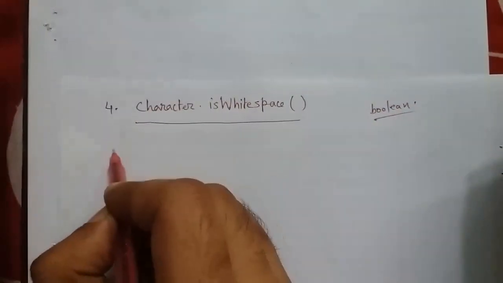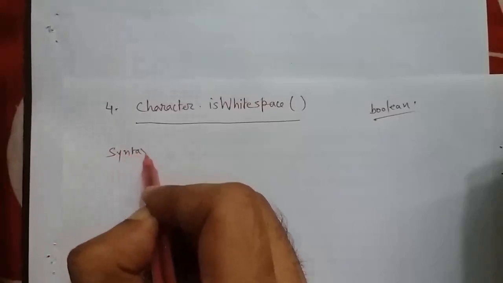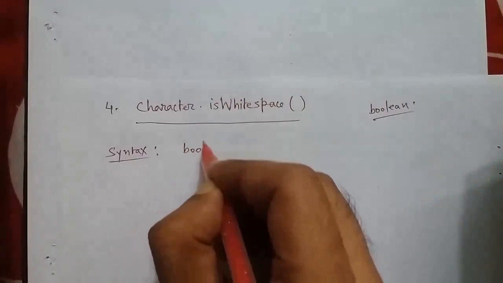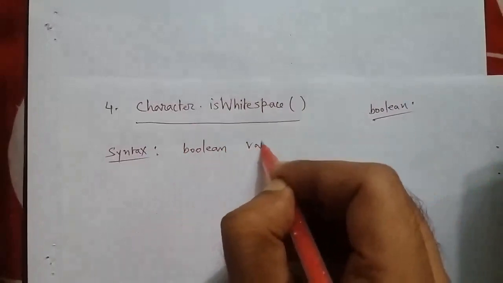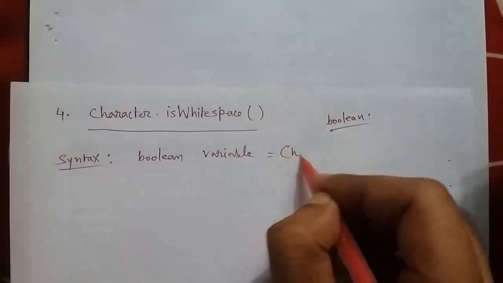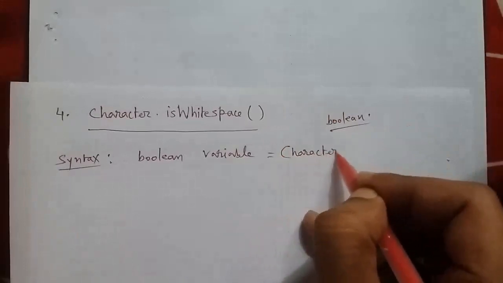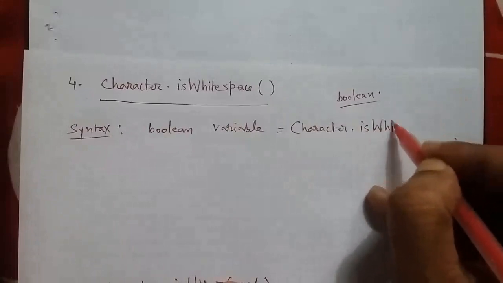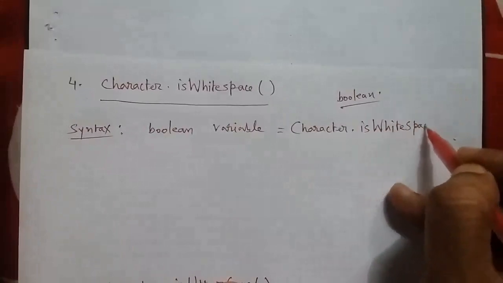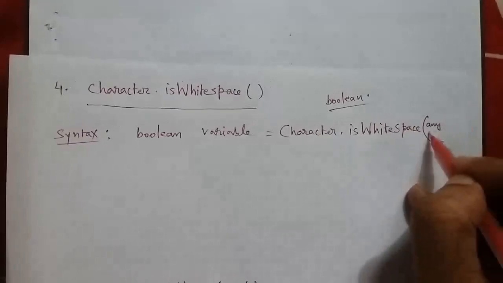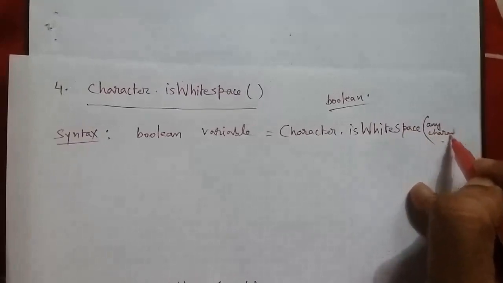So syntax is Boolean variable equals to Character.isWhitespace, and then any character. Here we will write any character.